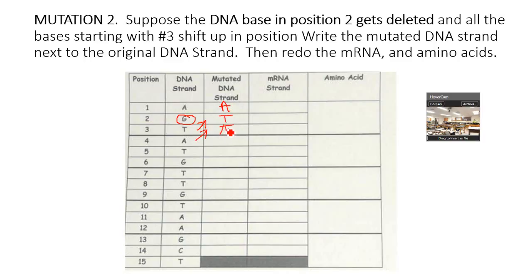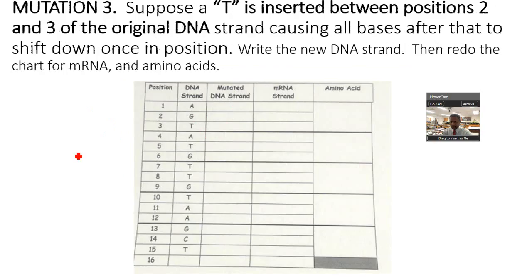So pretty much everything is shifted up. This is referred to as a frame shift. So that's a frame shift, and all these letters move up. You'll see the results better when I go over them.